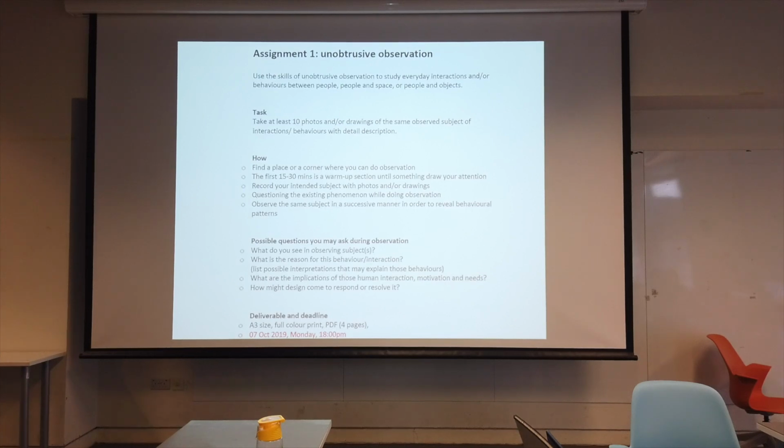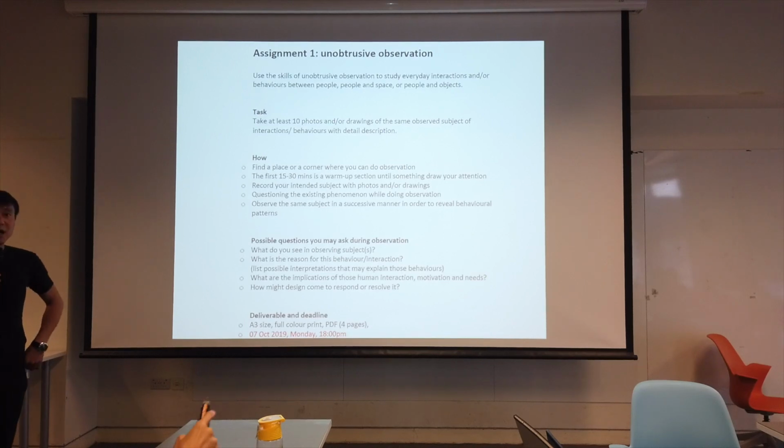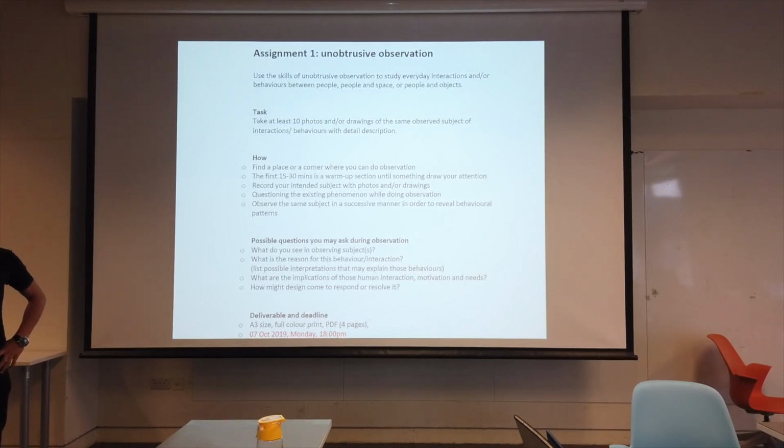For this assignment, you need to take pictures, at least 10 photographs and/or drawings. I will later show you previous student examples, so you get some idea of what you're going to do. I like both, if you're able to take photographs as well as do some simple drawing.